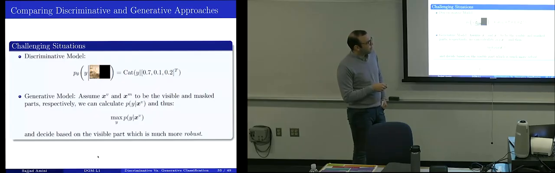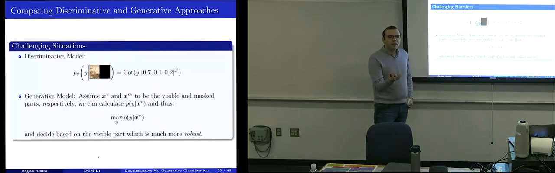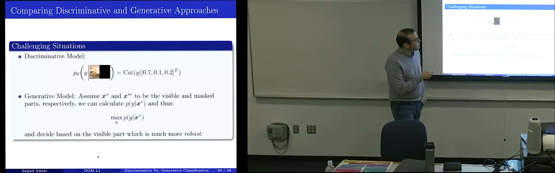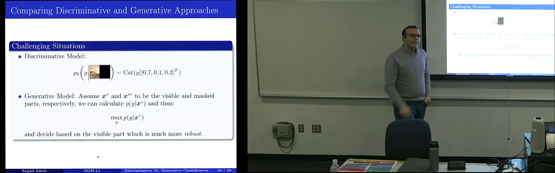What is the difference between this distribution and this one? I am just conditioning on what I really have from the input. The input is not fully visible. I just have access to a part of the input. So I condition on those parts and then generate the label.